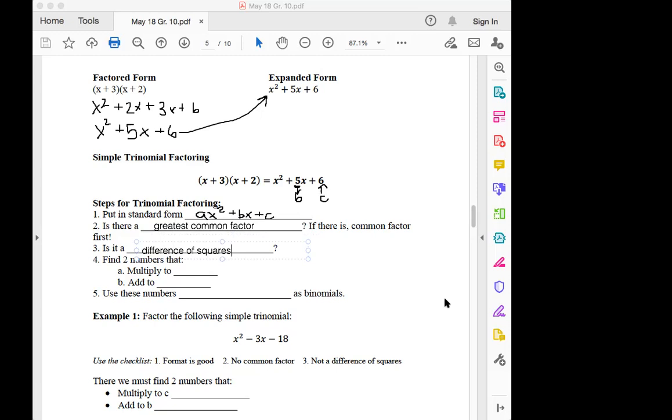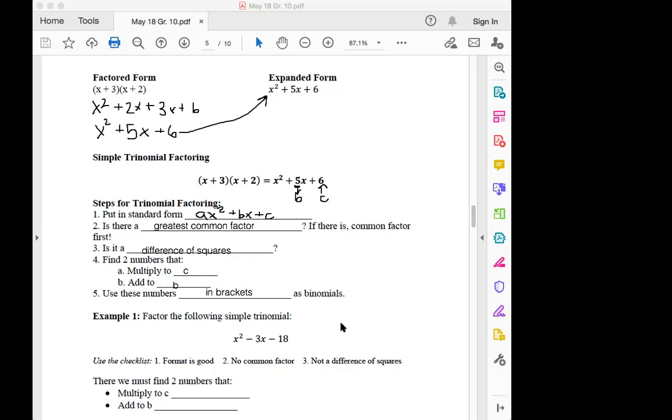There are only 2 terms and it's separated by a subtraction. Okay, then you have to find the 2 numbers that multiply to c. So that's this last number here, and the 2 same numbers that add to b. So this number right here.